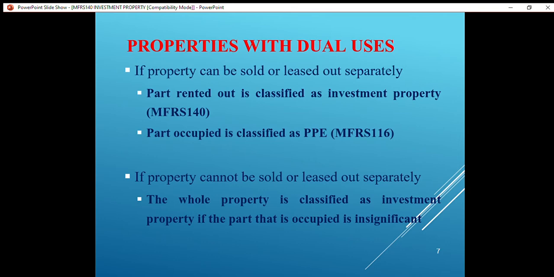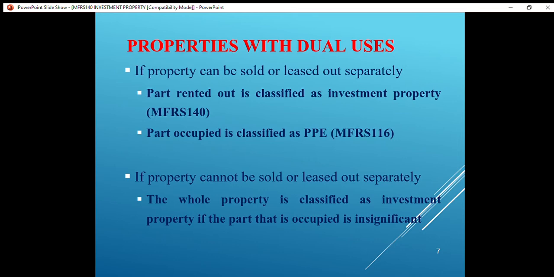But if the portion occupied by the owner is significant, say more than 30% of the whole building, then the whole building cannot be classified as NIP but as PPE under MFRS 116.